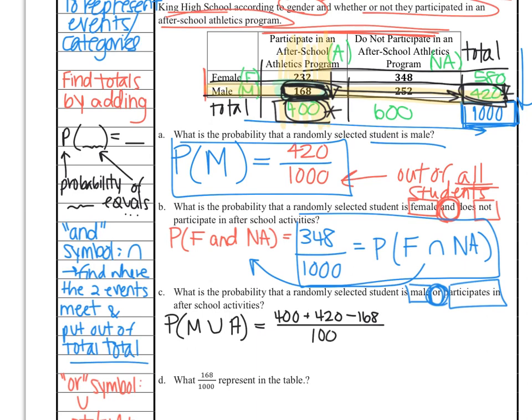Ands, ors, and just a single event are always out of total. And this should be 1,000, not 100. And then I just simplify it. So it's 652 out of 1,000. Okay, so here, final answer. Add total 1, add total 2, take away the intersection, meaning the and part.